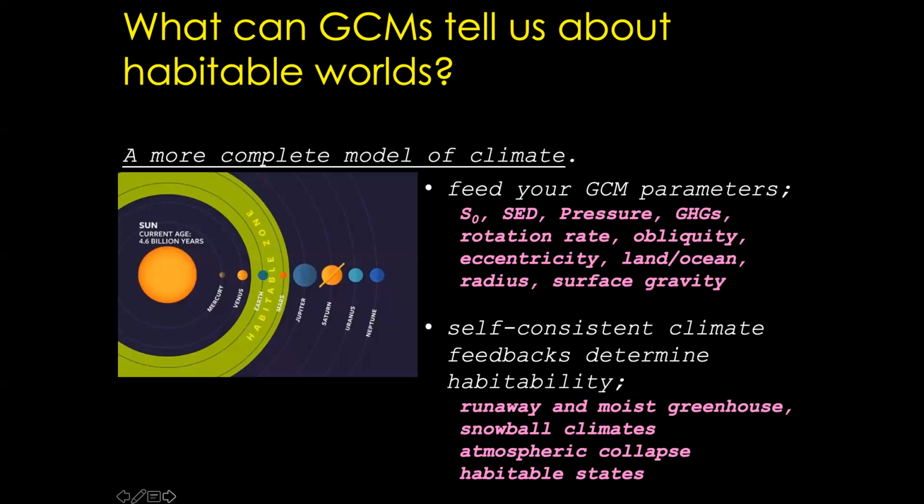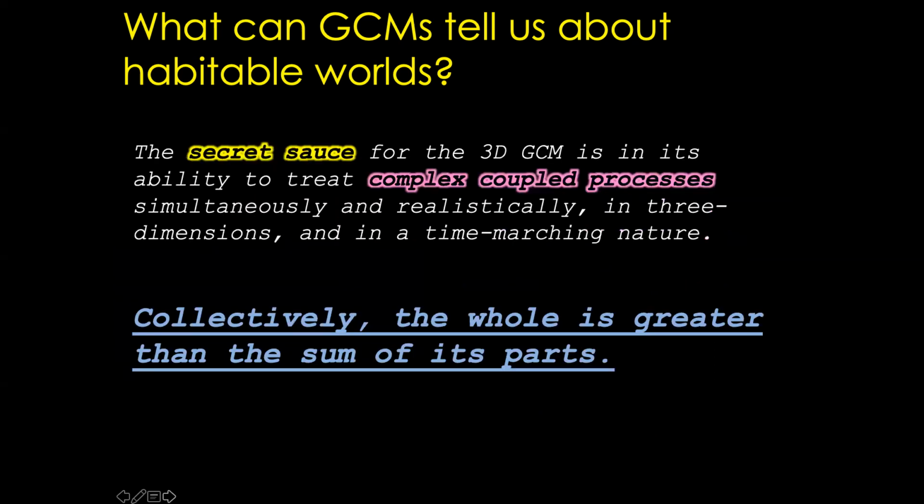There's also eccentricity of the orbit, land-ocean fractions, different continental configurations, the radius of the planet, the surface gravity, and then the model will compute and it will determine self-consistent climate with different feedbacks which can threaten habitability, such as entering into a runaway or moist greenhouse process through time, entering into a snowball climate, atmospheric collapse near the outer edge of the habitable zone, and ultimately you can determine if your given set of planet parameters and atmospheric choices and surface choices, for instance, can yield habitable states.